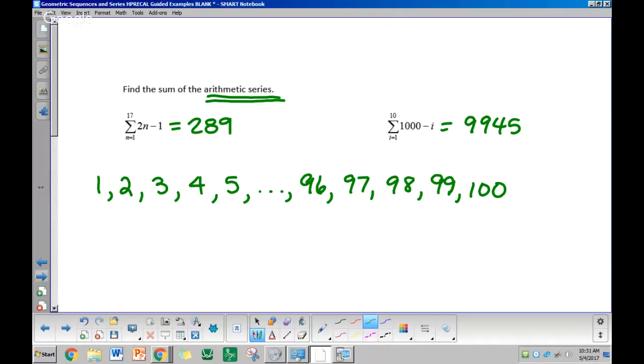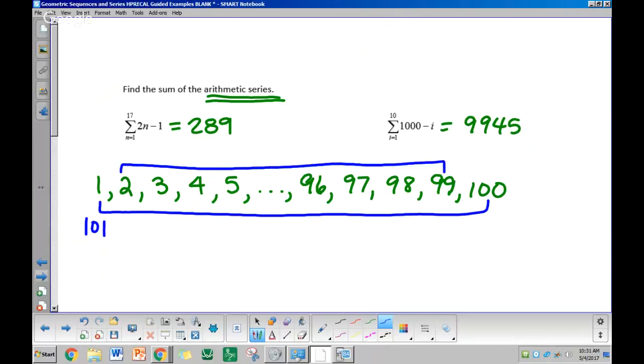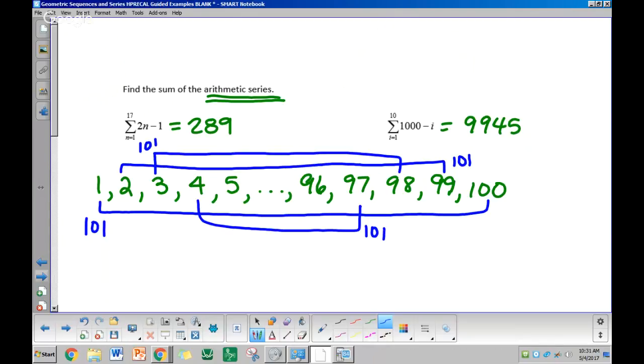And Gauss said, well, this really isn't that hard if you think about it, because all I did was I saw a pattern. I said, well, 1 plus 100 is what? 101. 2 plus 99 is what? 101. 3 plus 98 is 101.